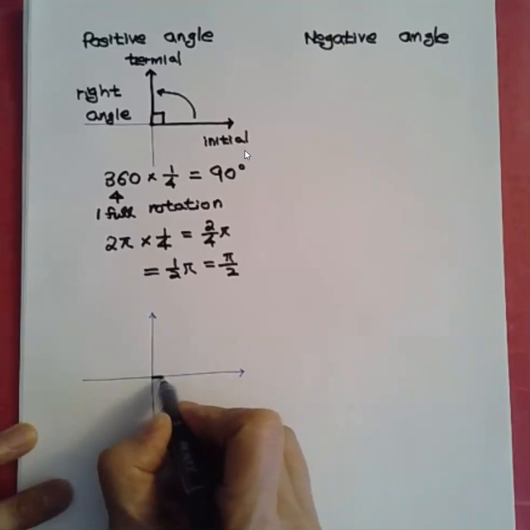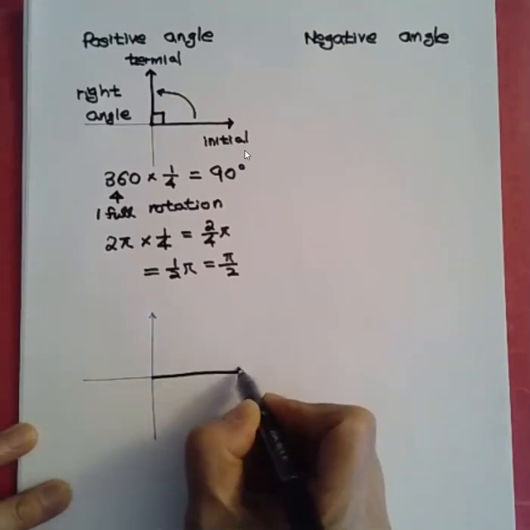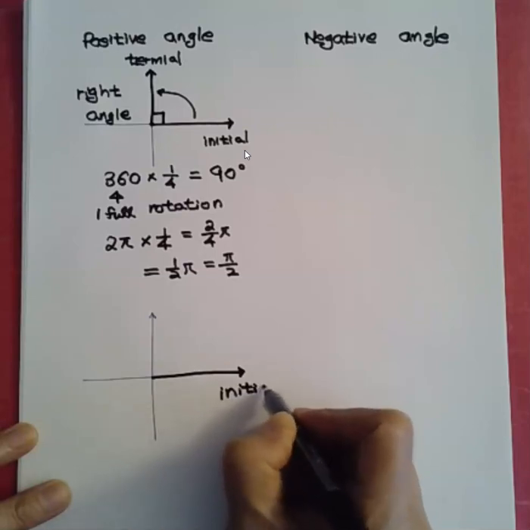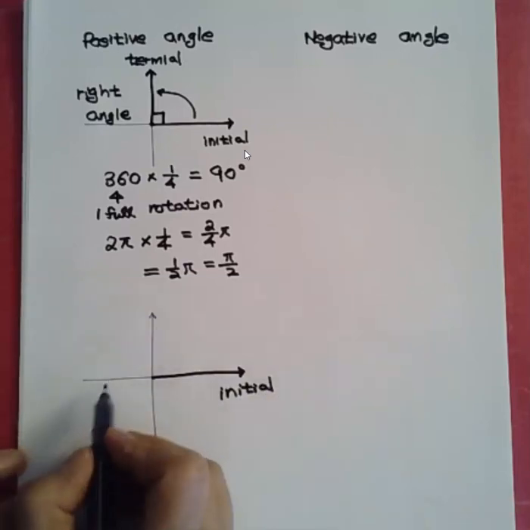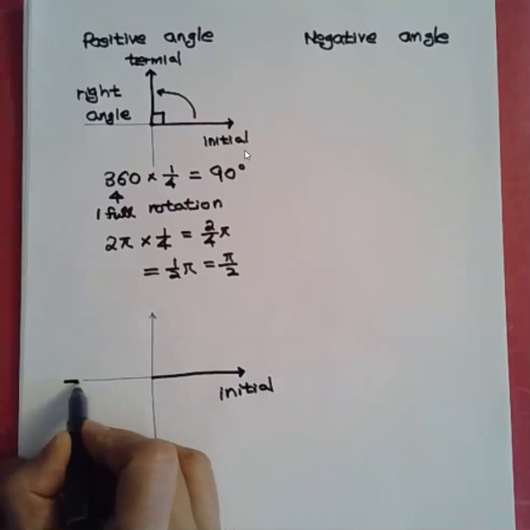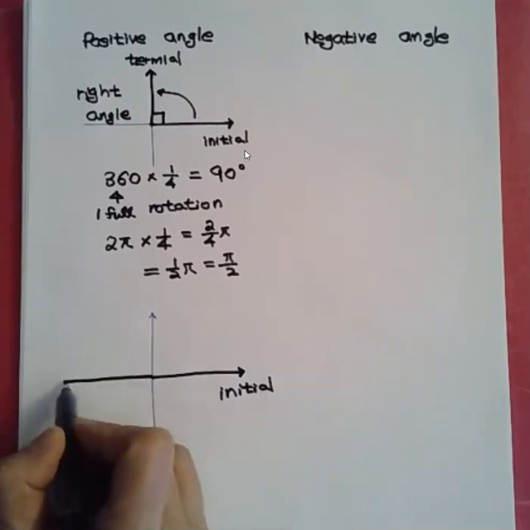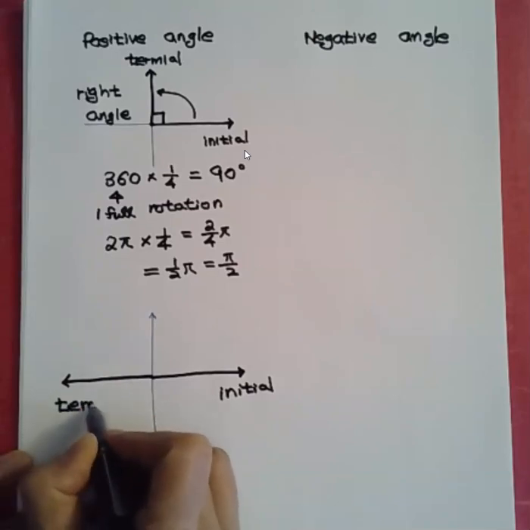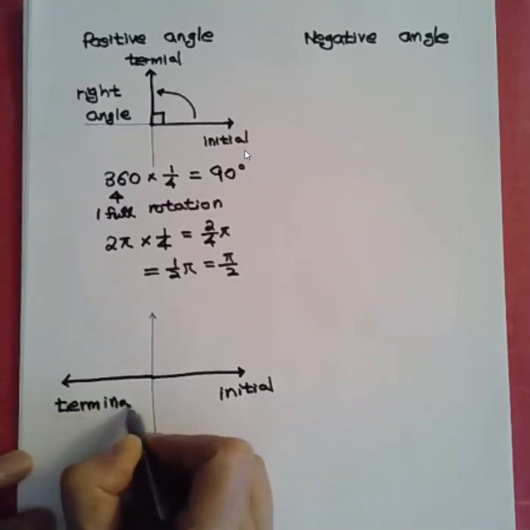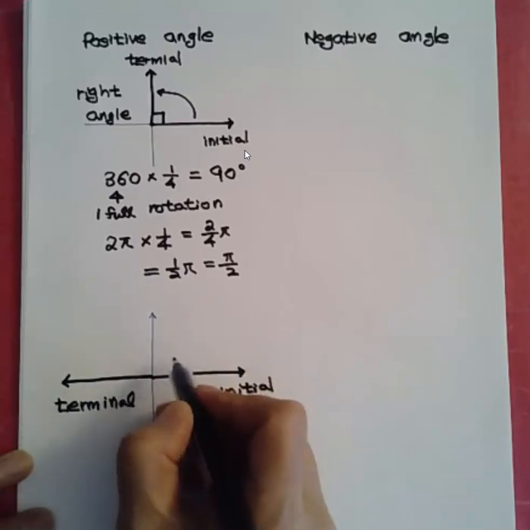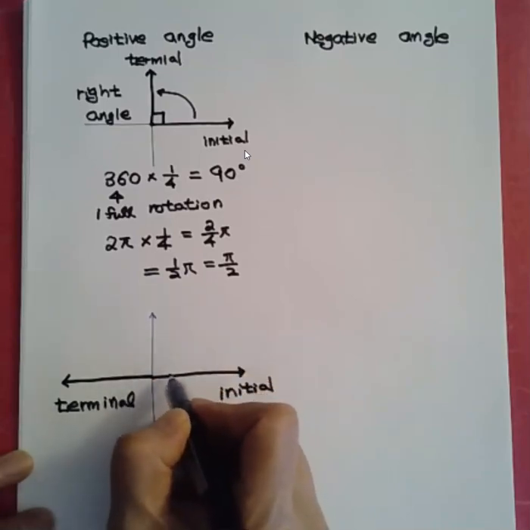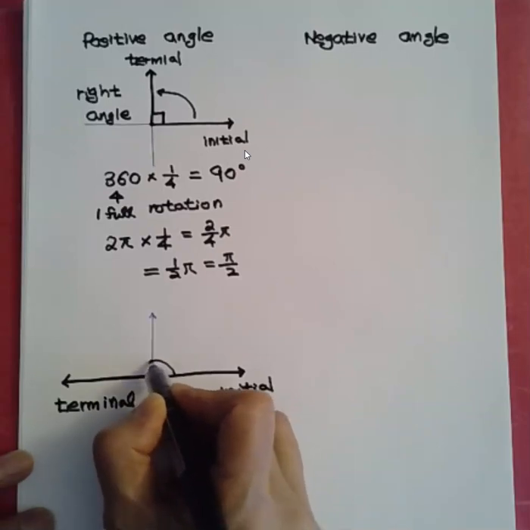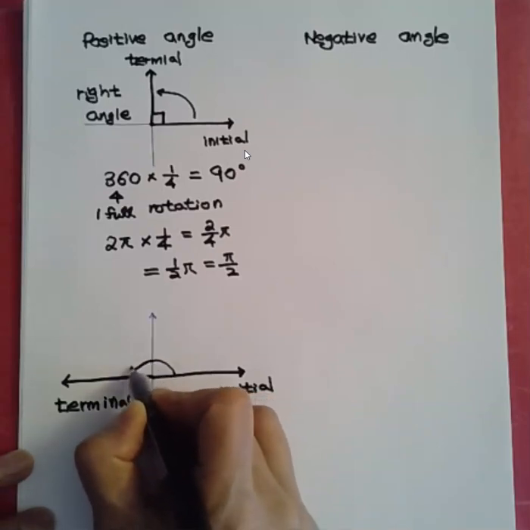This time we have an initial side which coincides with the positive x-axis, but the terminal side coincides with the negative x-axis. What happens here is this is 90 degrees and we go further the same amount.